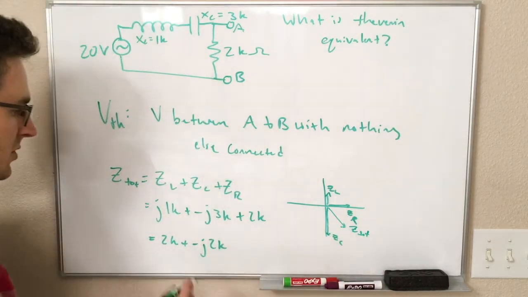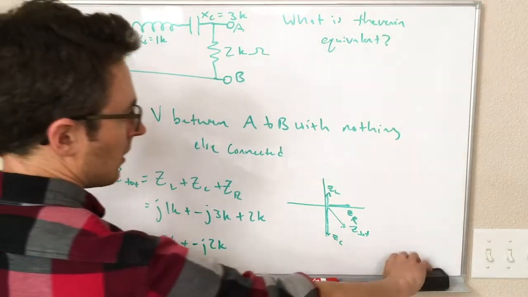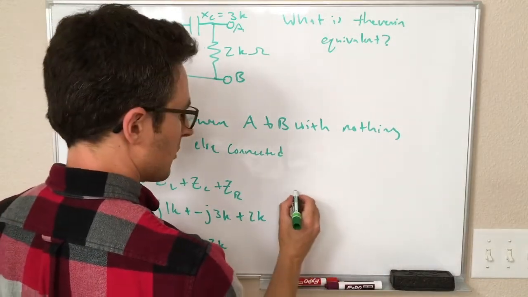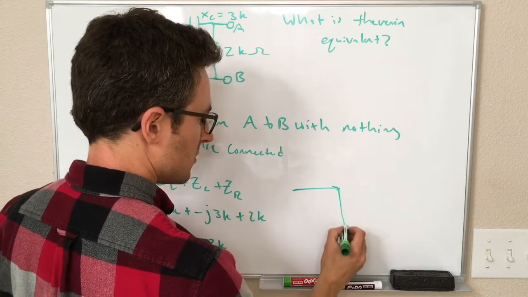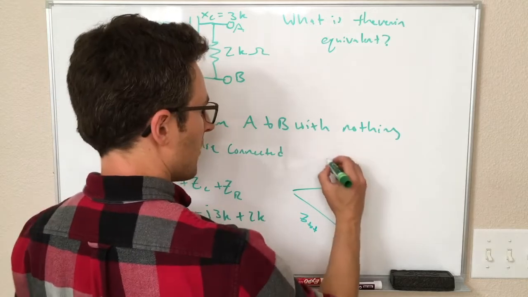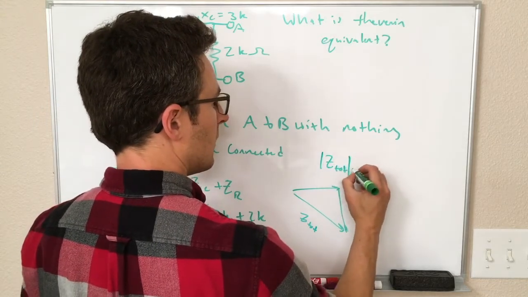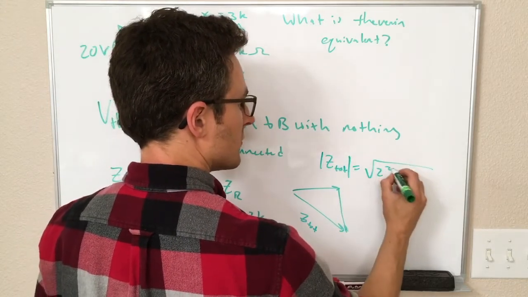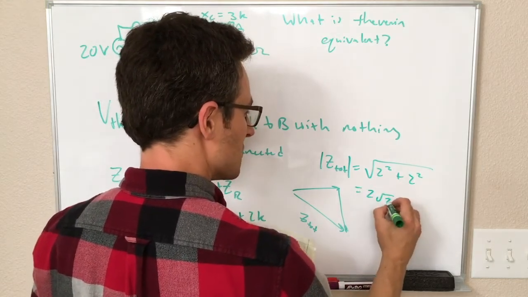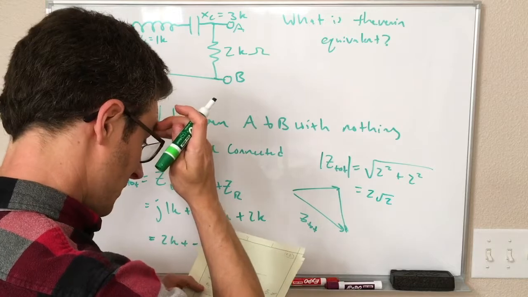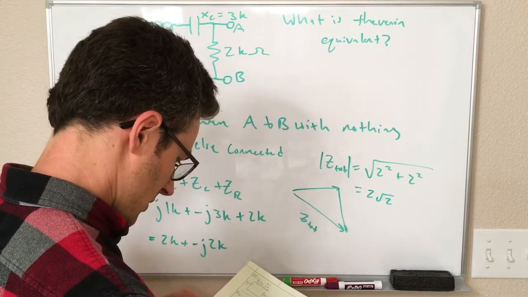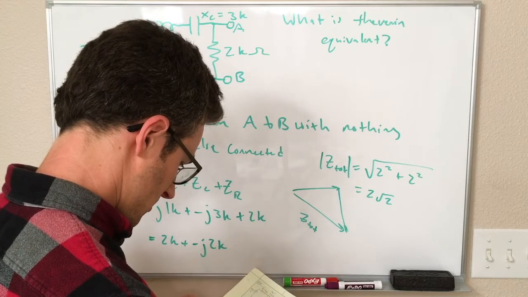So it's 2 and 2. We can draw a little diagram for it. So we have 2K this way, 2K this way. So the magnitude of Z total is equal to the square root of 2 squared plus 2 squared, which equals 2 root 2, which is approximately 2.8, but why didn't I write that down?